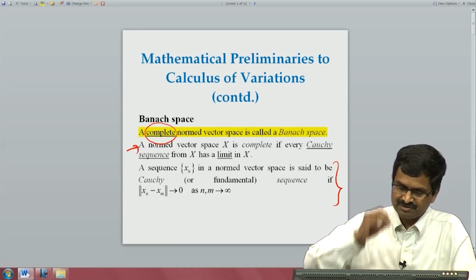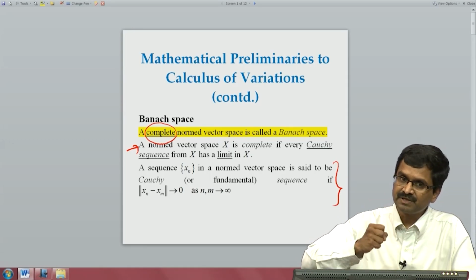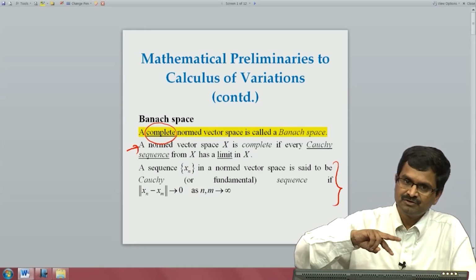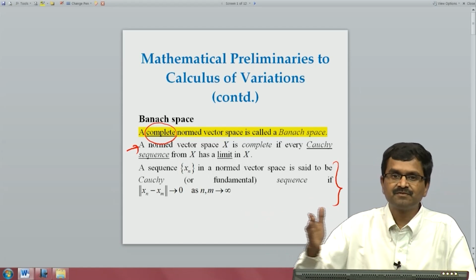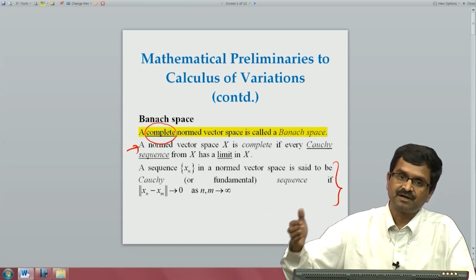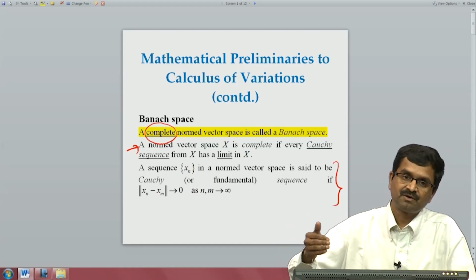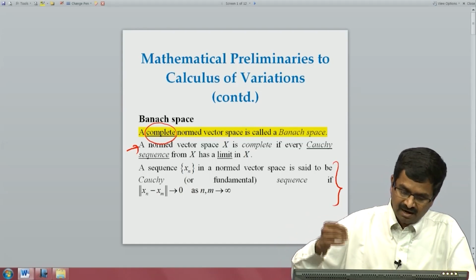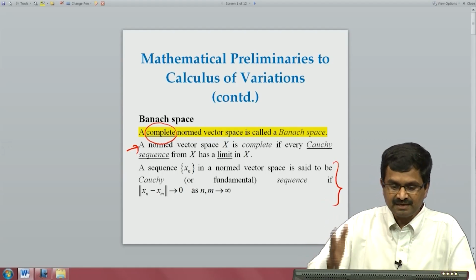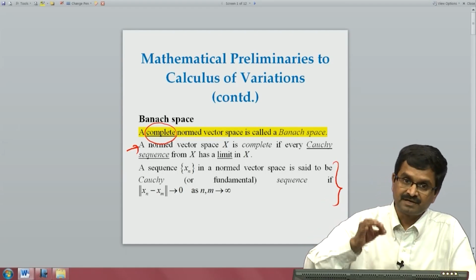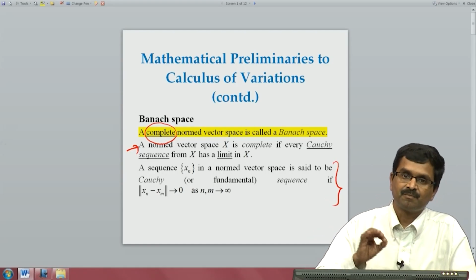You have functions, if I start with a function and I have a rule or operation that gives me the next function, and the next function, then I get a sequence of things. Such a sequence converges, that sequence is called a Cauchy sequence, and a convergent sequence will have a limit, it will stop somewhere, right. That limit should belong to that space. If it does, then we call such a thing a Banach space.